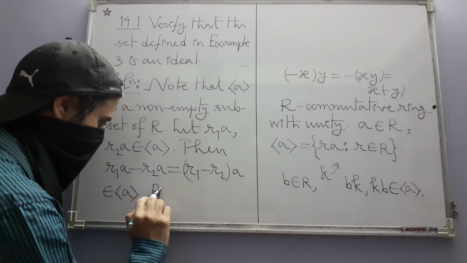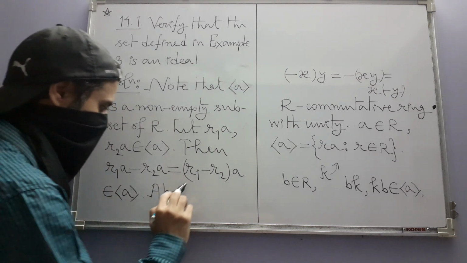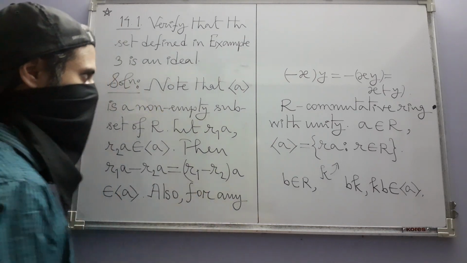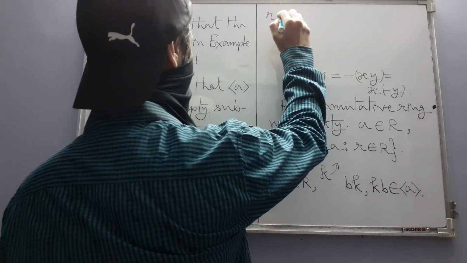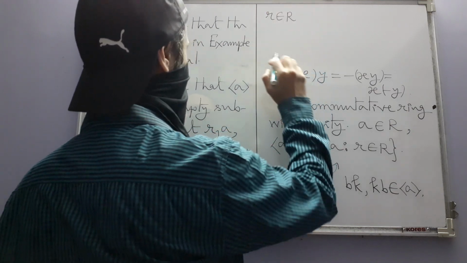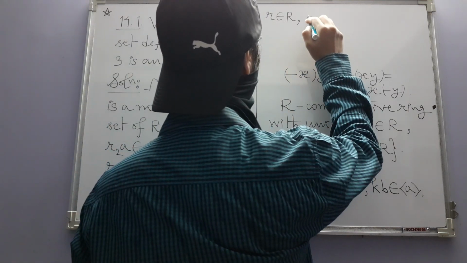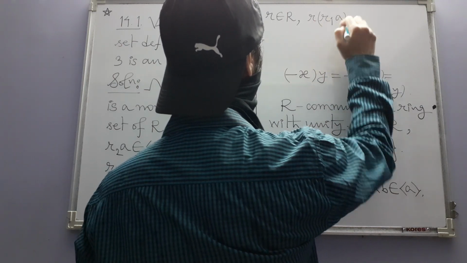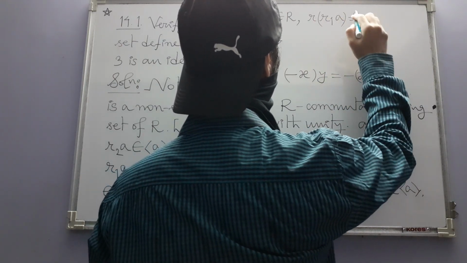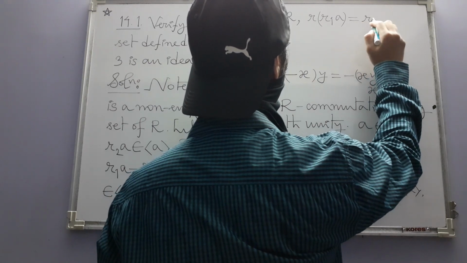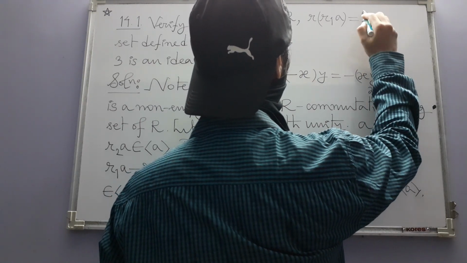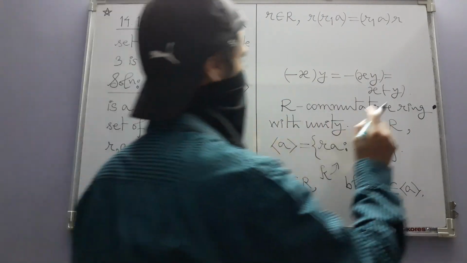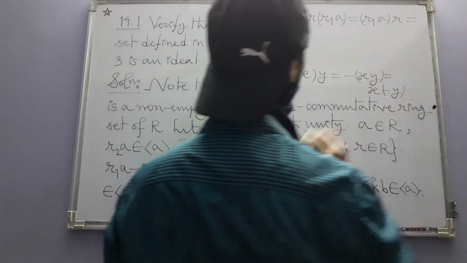Also, for any ring element R in R, R times R1A is equal to R1A times R, because we are dealing with a commutative ring, so the order of the products doesn't matter.